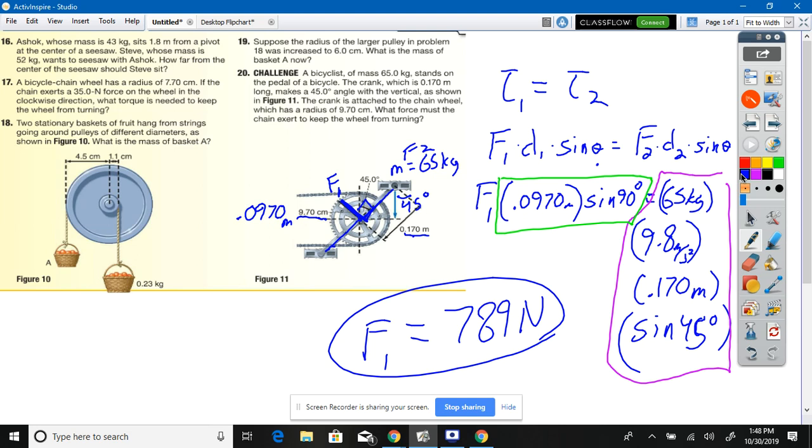You must have not put a parenthesis somewhere. Times 0.170 times parentheses 45 sine. Are you in degrees? He's in radians.